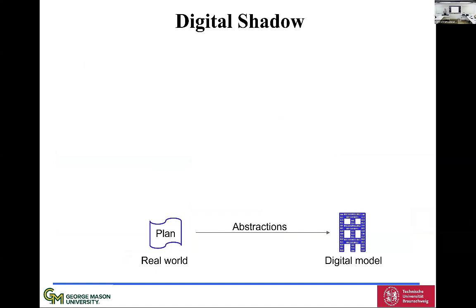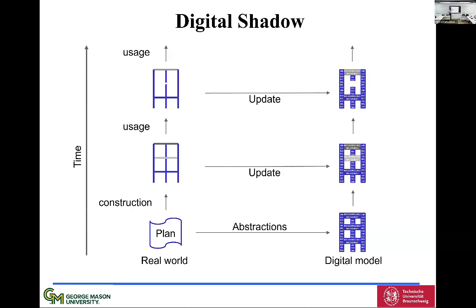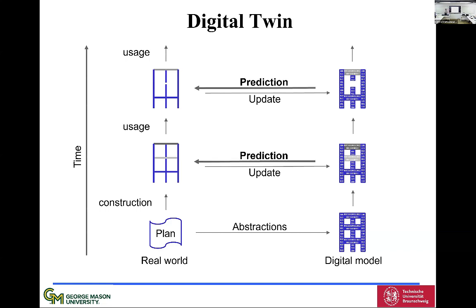Now, there's the digital shadow. In this case, we have the same beginning: we have the real world and the digital model. And then we build it, we update the model. And then throughout the life cycle, we also update the model. But what is different now with the digital twin is that we go back with the predictions and we infer the state of what the model has based on the sensors that we have.